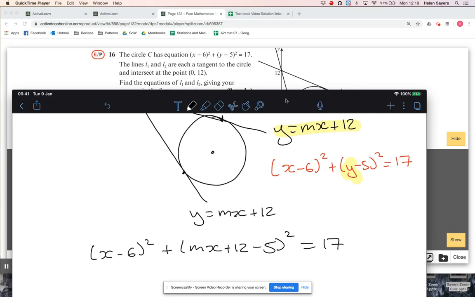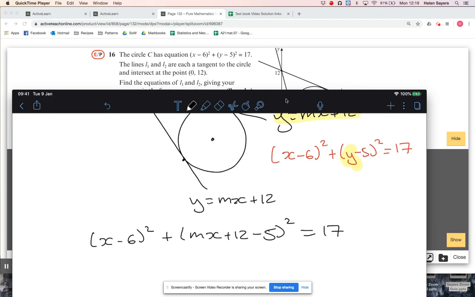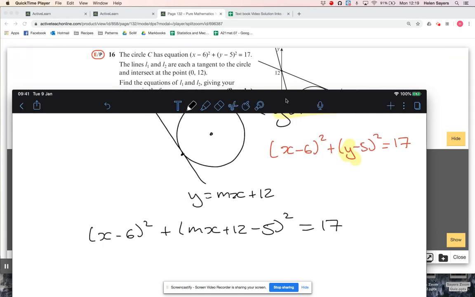Okay, so then I've got a quadratic in x, but I've also got this m as well, which is basically what I'm trying to find, but I think we're going to be able to figure that out. So let's square all those brackets out. The first set of brackets is going to become x squared minus 12x plus 36.